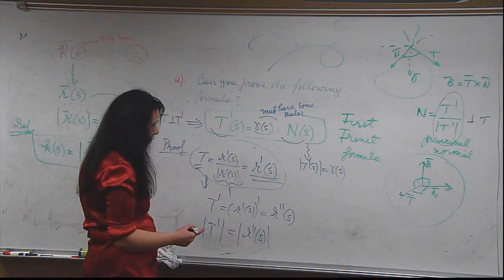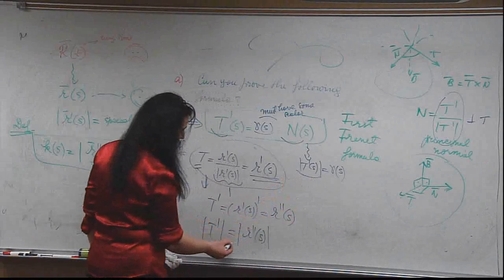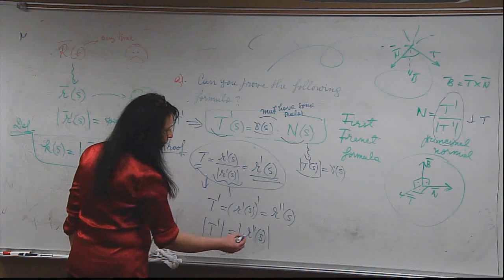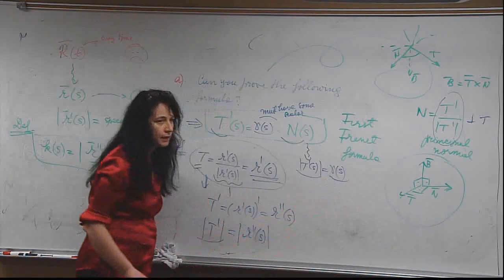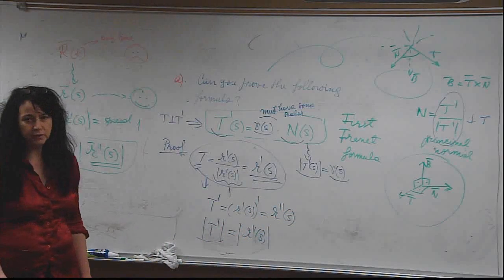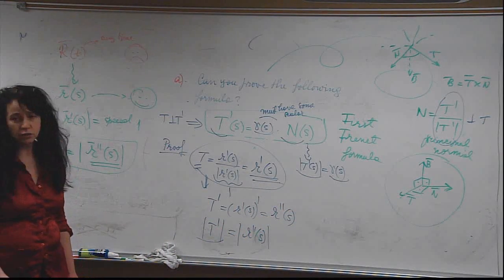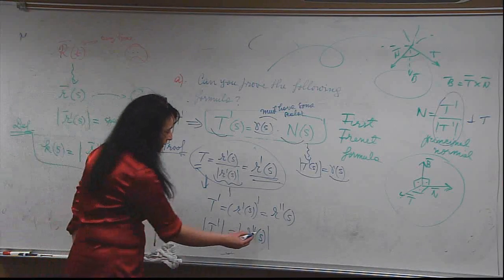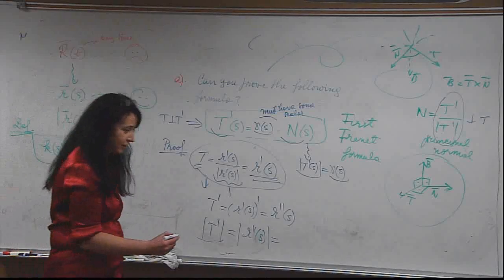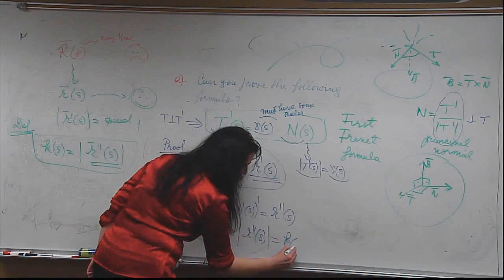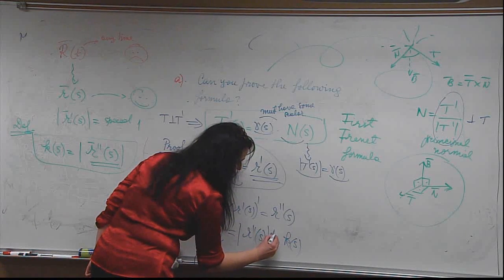So these two have to coincide. So r double prime of s in magnitude must coincide with the scalar gamma of s. So who is the mysterious gamma of s? He has no chance but being this guy. But this guy has a name. This is the curvature kappa of s by definition.